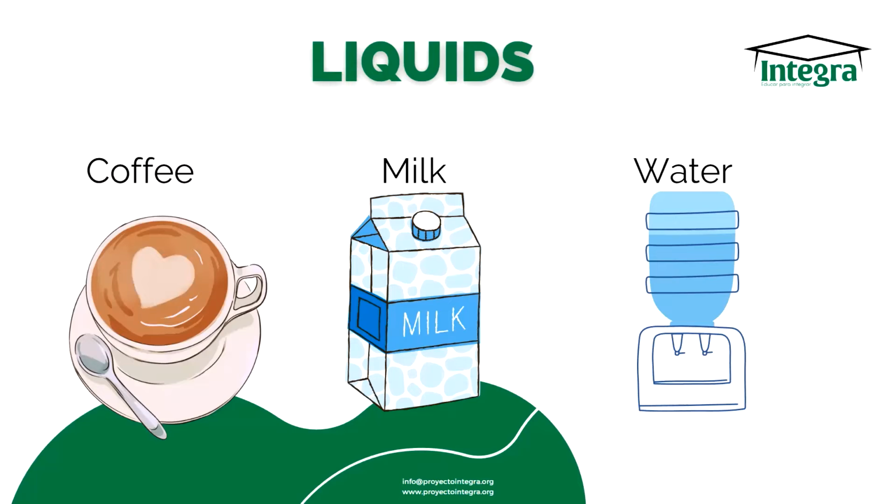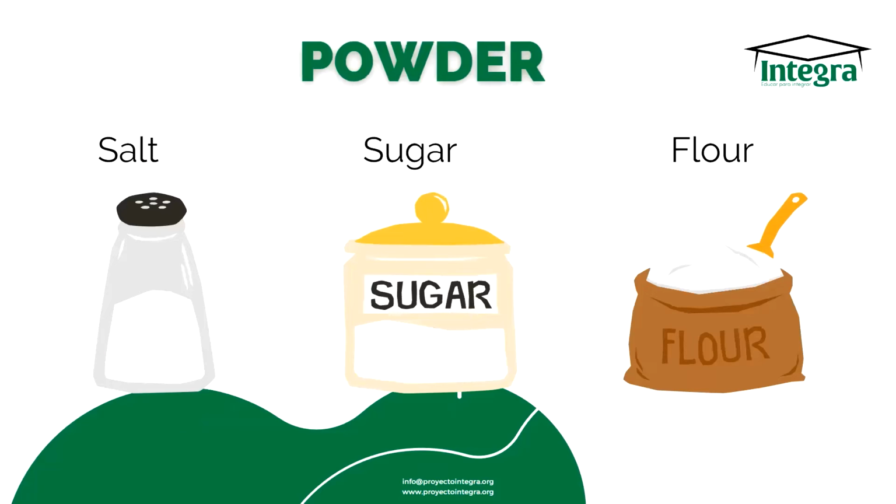That is not correct. Uncountable. Powder. For example, salt, sugar, and flour. They are all uncountable. We cannot know the amount by counting.